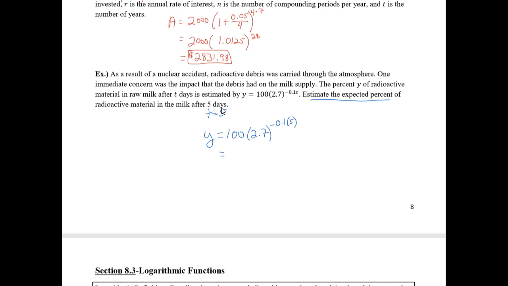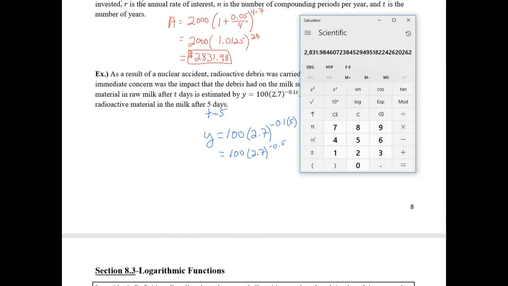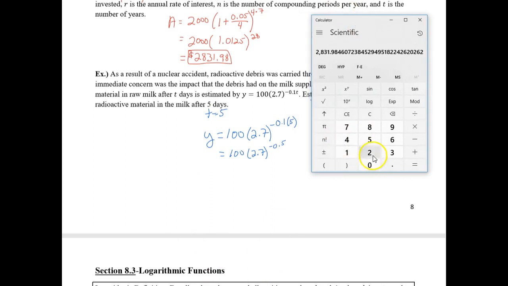There's nothing inside the parentheses to evaluate, so I'm going to go ahead and take negative 1/10 times 5 and get negative 5/10. Then take out our calculator, and we have 2.7, our exponent button, and 0.5, make it negative, equals.